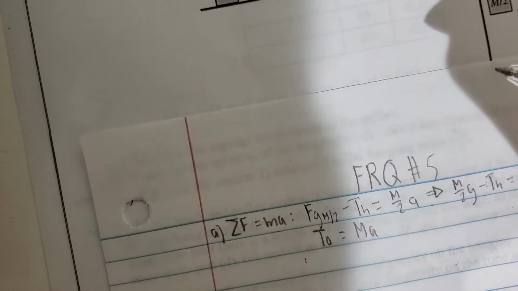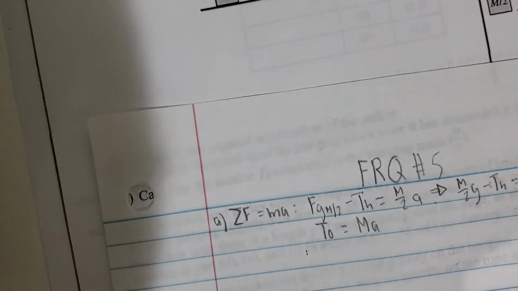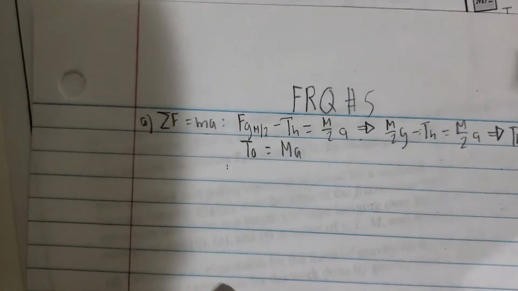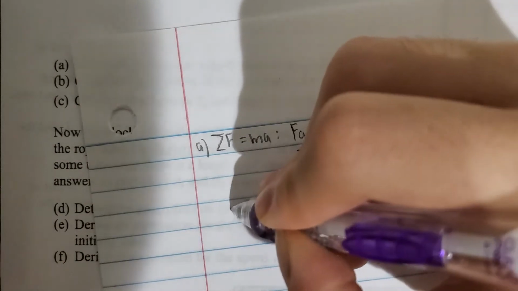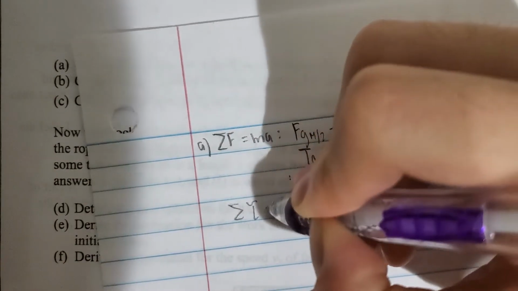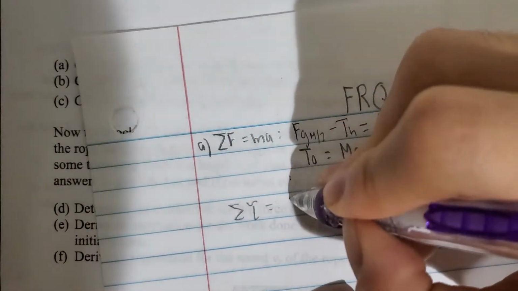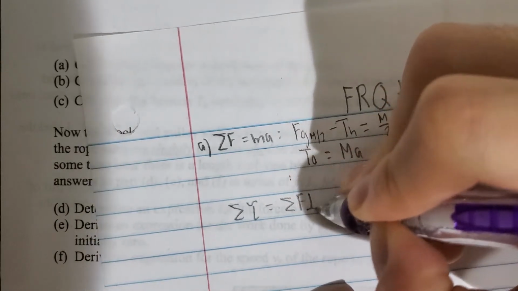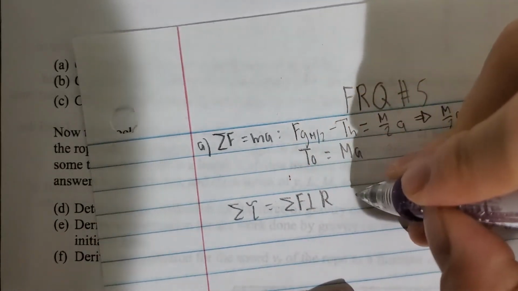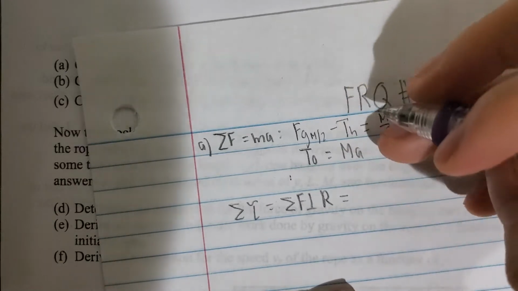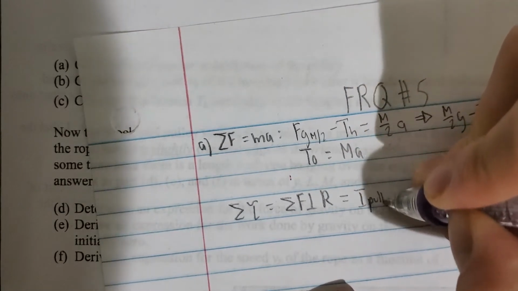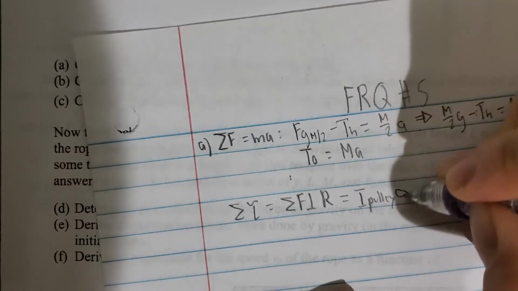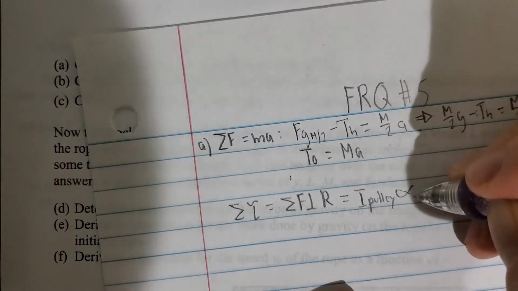Okay, so now since we have our tensions defined, we're going to use torque to help us find our angular acceleration. So I know that the total torque is equal to the total force that's perpendicular to the moment arm times the moment arm. I also know that torque is equal to the moment of inertia of the pulley times its angular acceleration, and this is what we're trying to find.